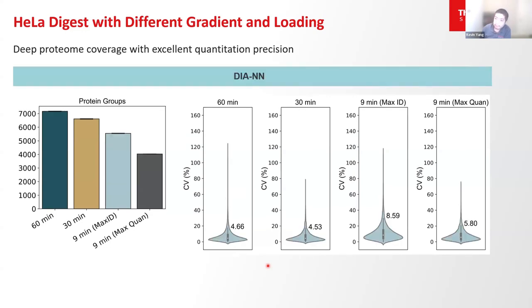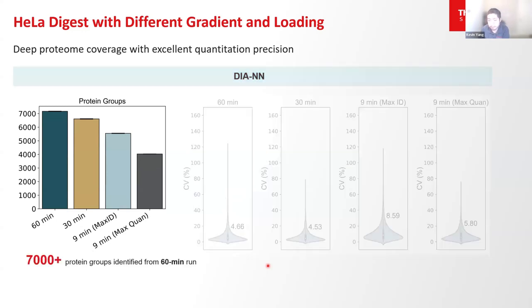And what I'd like to highlight from the DIA-NN result is we can obtain over 7,000 proteins in a single 60 minute injection from 200 nanogram of HeLa digest. So this is the sensitivity of the Orbitrap instrument you can get when running an LFQ DIA analysis.